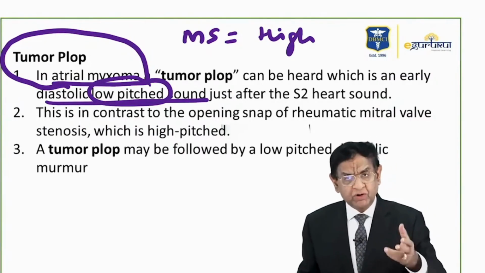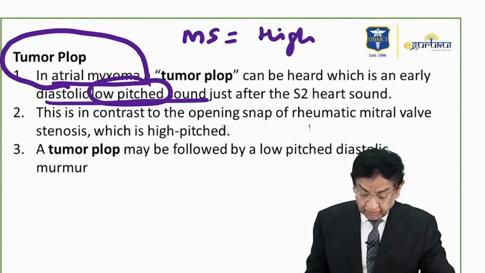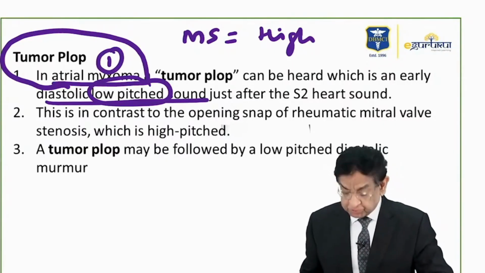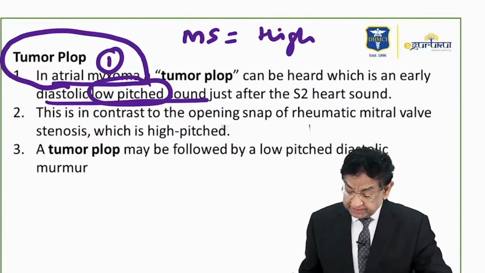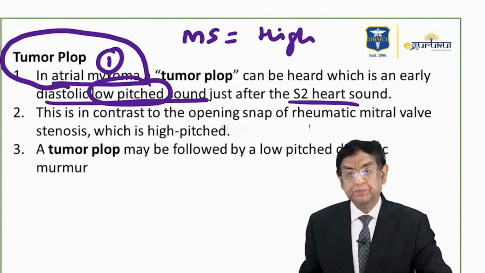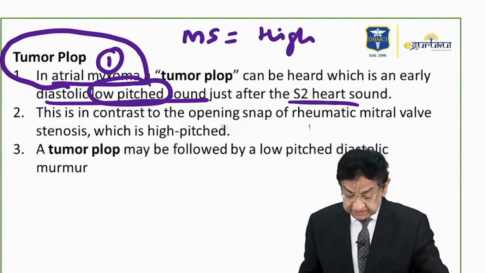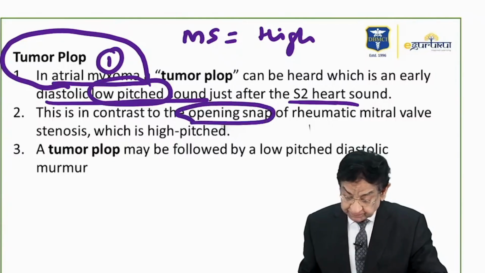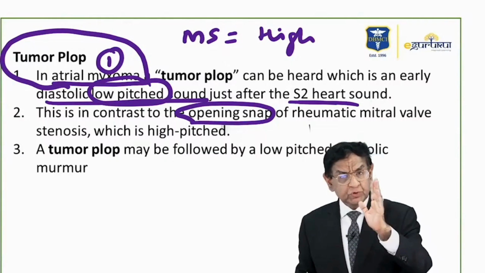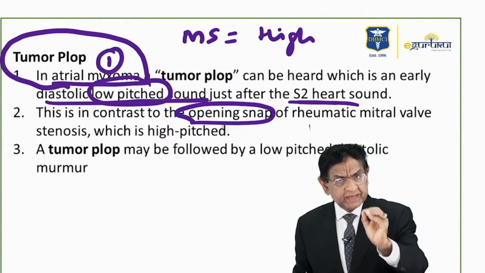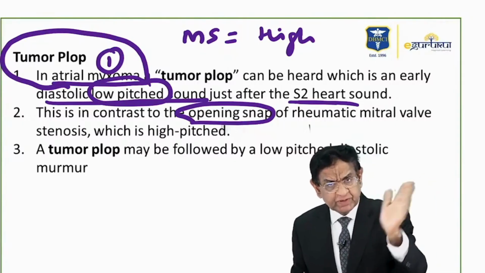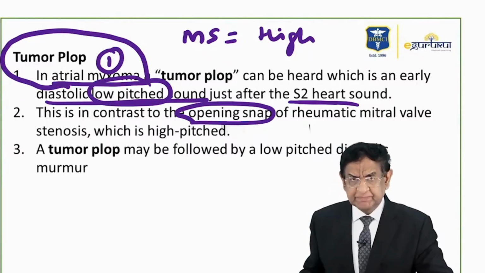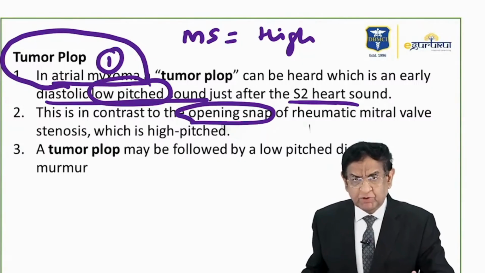So friends, what all you have to remember in tumor plop. Number one, it is heard in atrial myxoma. It just comes after S2, just like the opening snap. It can change because of a change in position; details you can see in my lecture on atrial myxoma, where I have explained all the mechanism.